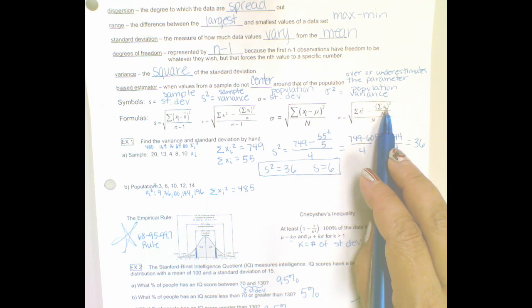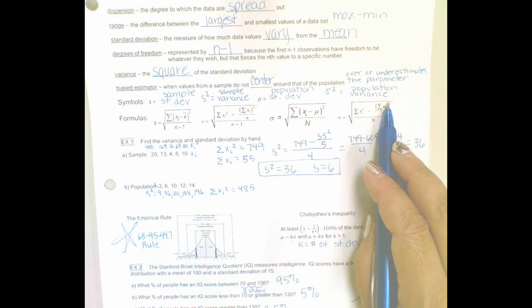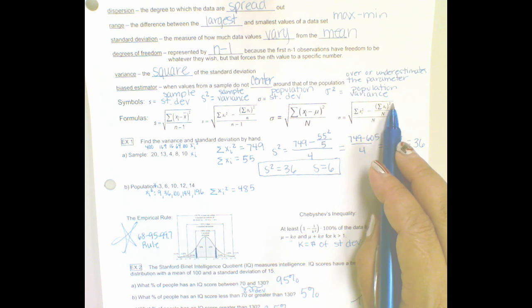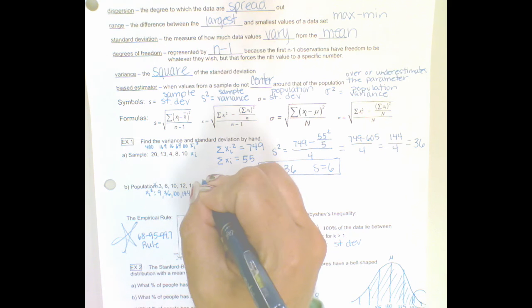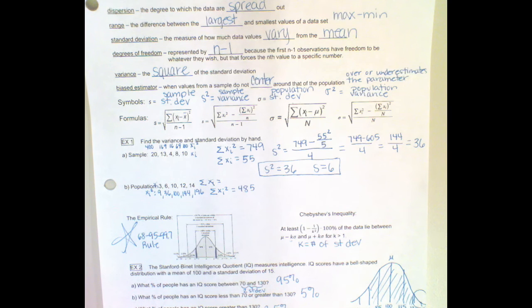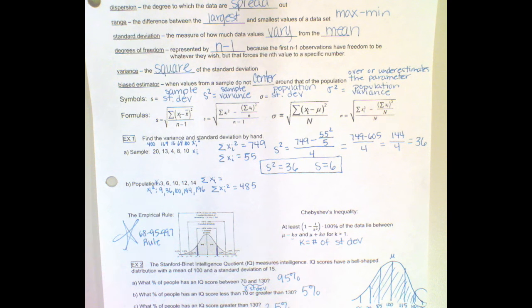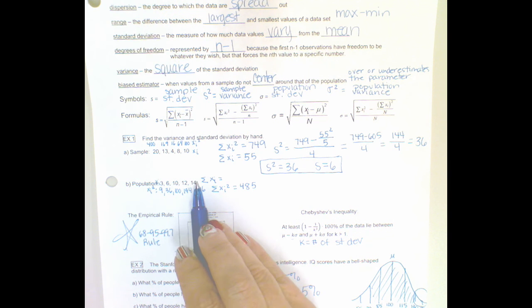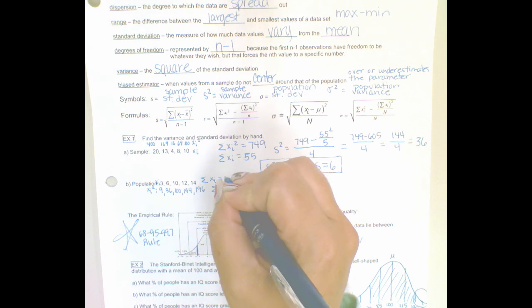I also need the sum of all xi. Notice that's in parentheses. That means do the sum first and then square it. So the sum of all xi just means the sum of all the original data pieces. So in this case, 3 plus 6 plus 10 plus 12 plus 14. So the sum of all xi in this case is 45.